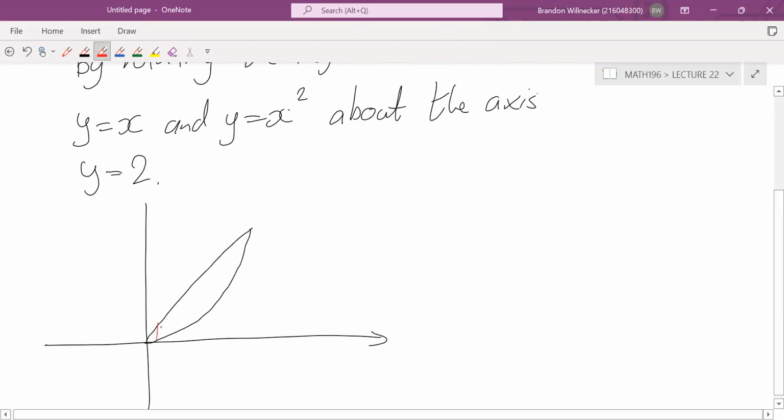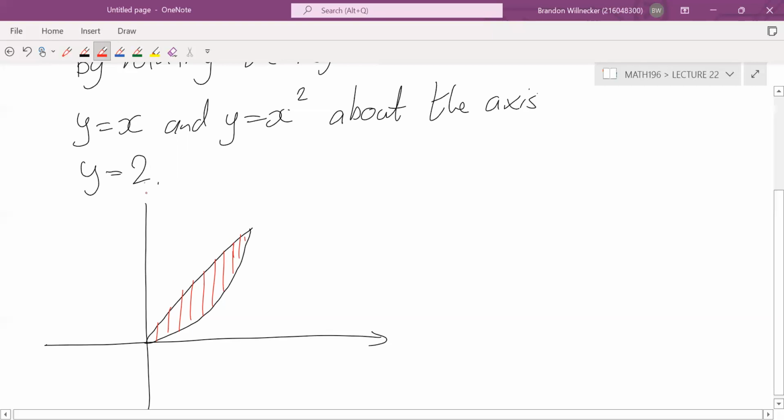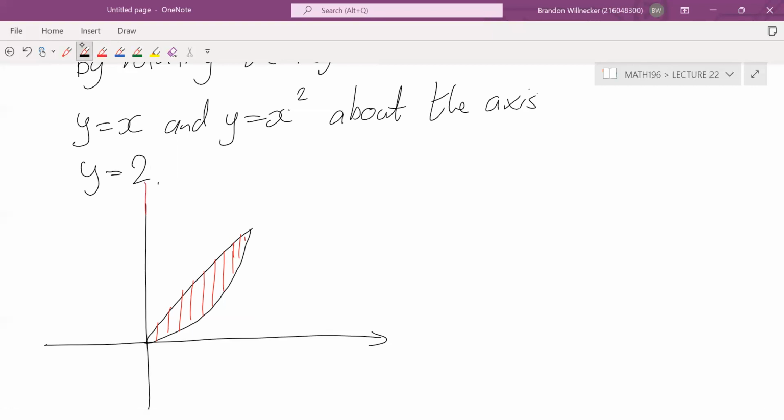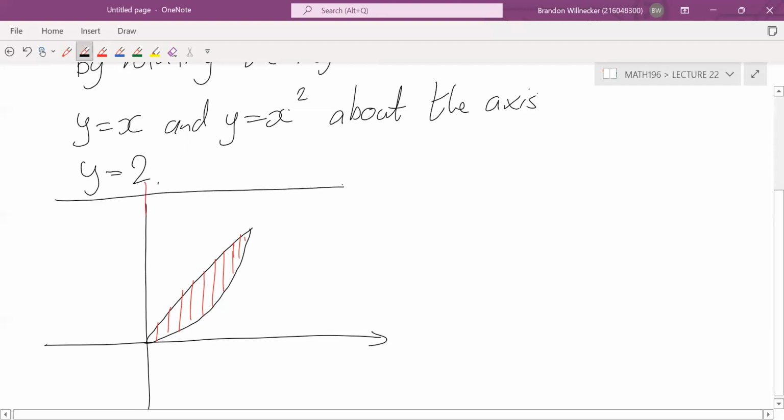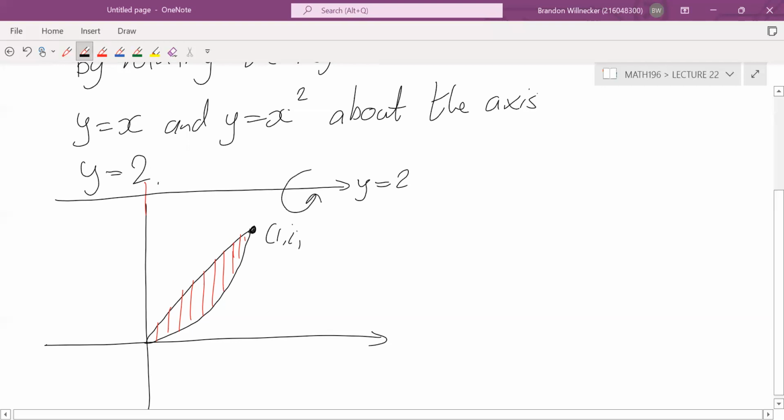That gives us our enclosed region. Okay, like that. So we're going to take this enclosed region and rotate it around y equals 2. So that's going to be somewhere up here, because remember, this point here is 1, 1. Okay, so it's somewhere at the top there. So we want to rotate around here.